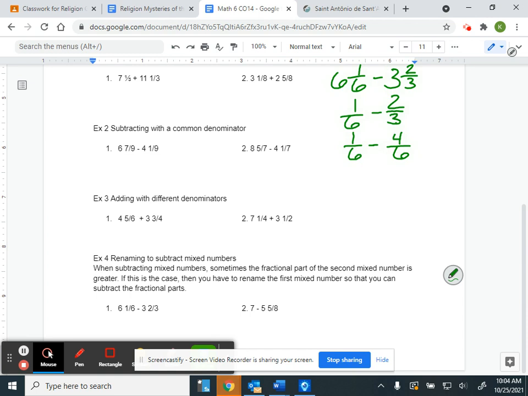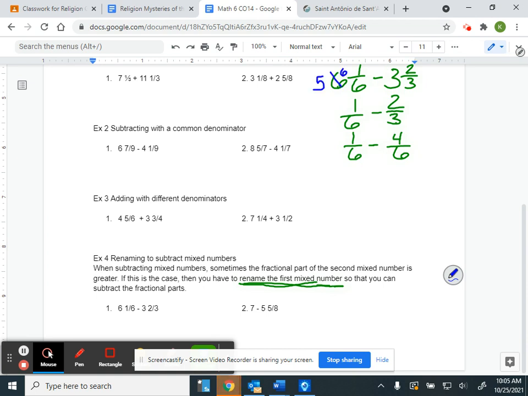So sometimes the fractional part of the second mixed number is greater. If this is the case, then you have to rename that first mixed number. So to rename that number, we're going to take a whole one out. And so instead of 6, we're now going to call it 5.